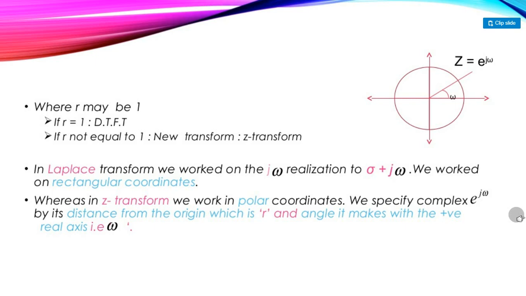We specify complex e to the power j omega by its distance from the origin, which is r. So this value r is nothing but the distance of that complex value e to the power j omega from the origin, and the angle it makes with the positive real axis is omega.